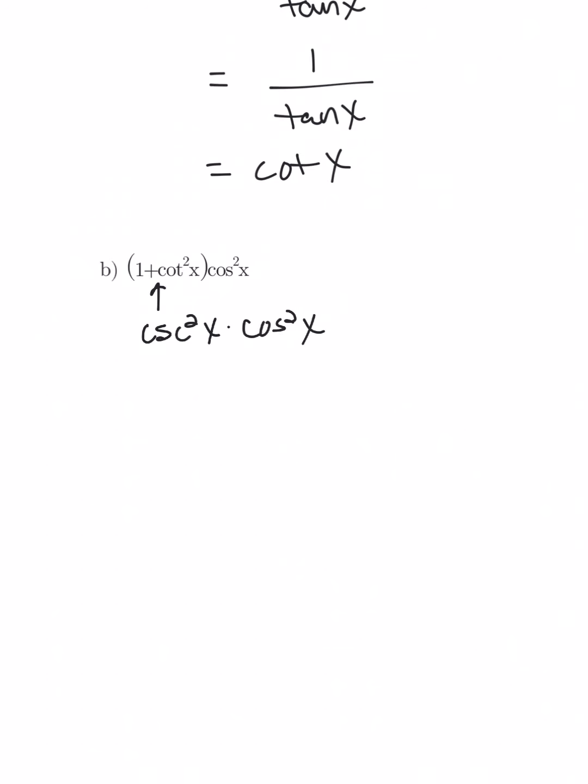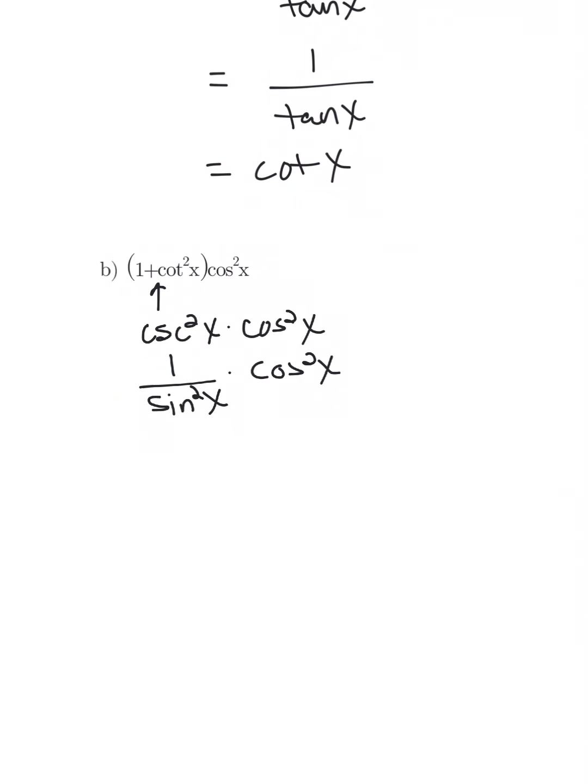Now, as a general rule, you want to change things into sines and cosines if you can't think of anything else to do. And you need to recognize that cosecant squared is the reciprocal of sine squared. So this is going to be equal to 1 over sine squared of x. I'm not going to change the second part of this because it's already a cosine.